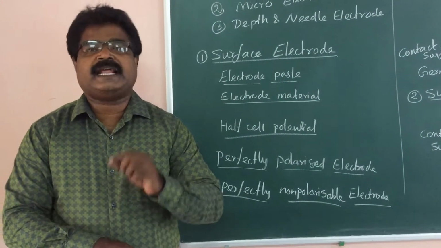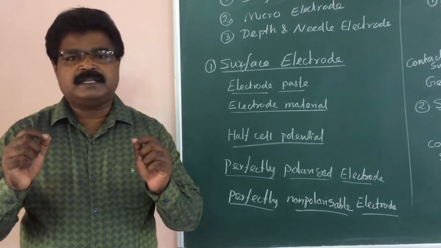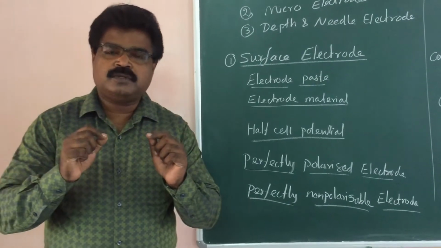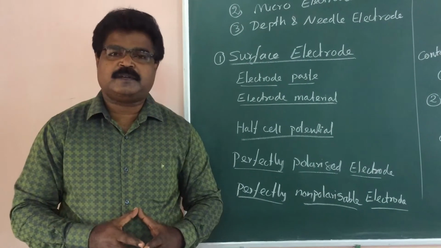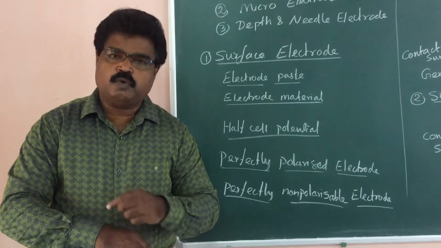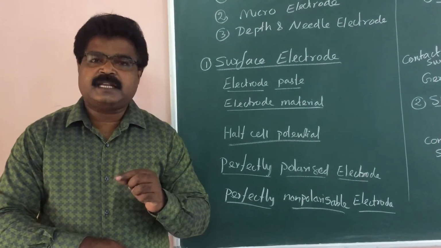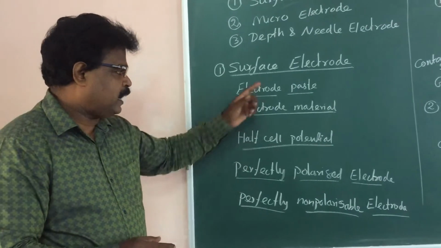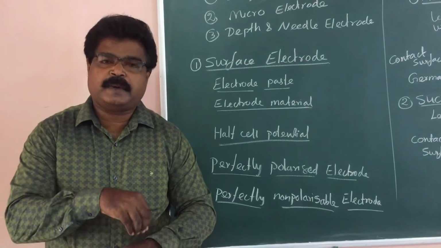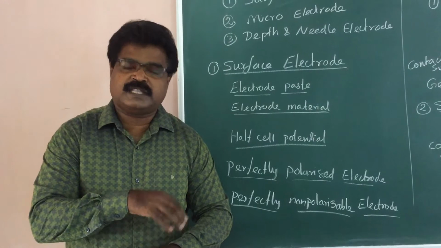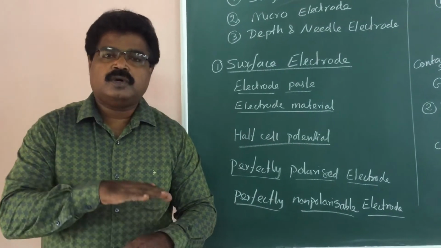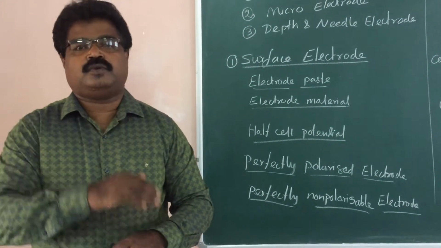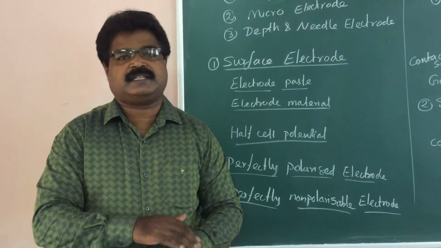It will move here and there, and that will produce artifact. Artifact means that when the electrode moves, it creates an unwanted signal. If you use electrode paste before placing the electrode over the skin, the electrode will not move, so we can overcome that artifact.